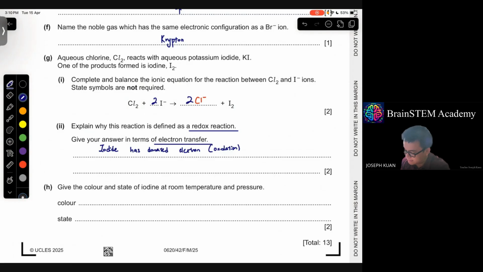And in that process, it donates electrons to our chlorine molecule here. This causes chlorine to be reduced. Basically, it gains electrons to form chloride ions.